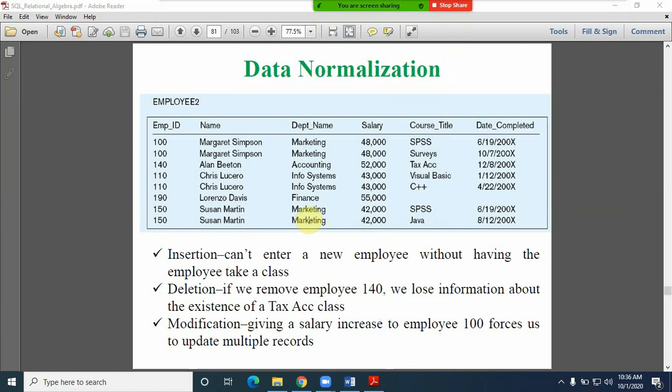Similarly, modification also: giving a salary increase to employee 100 forces us to update multiple records. So generally, friends, you can design a relation in any format, but you have to observe that the relation must be such that without any errors while inserting, deleting, or updating, you maintain those conventions.